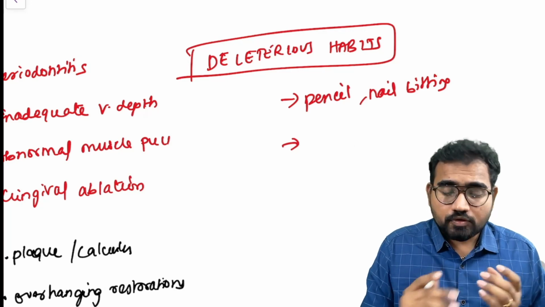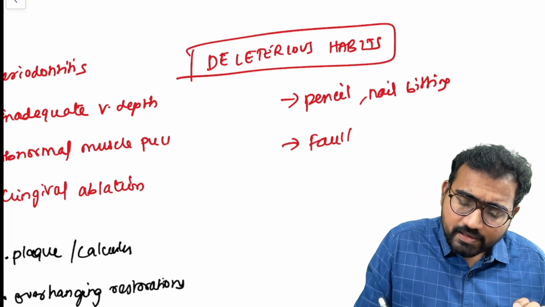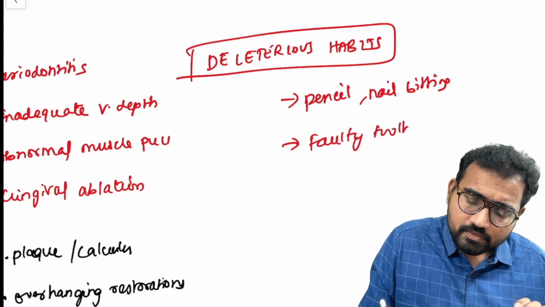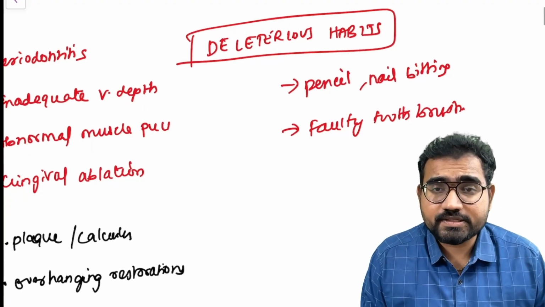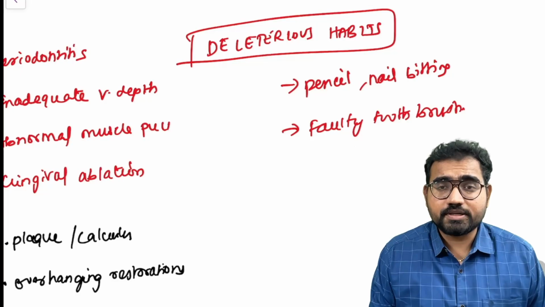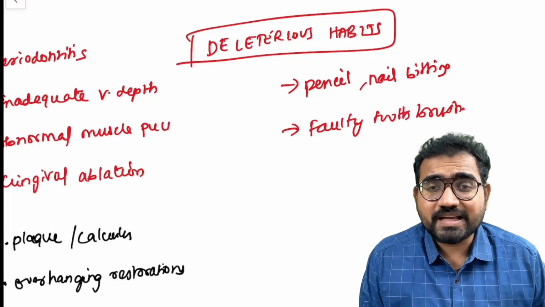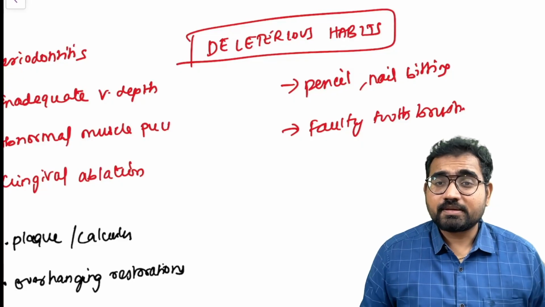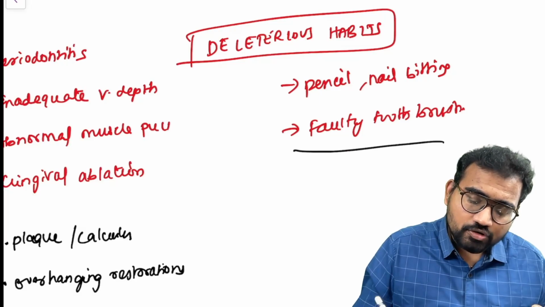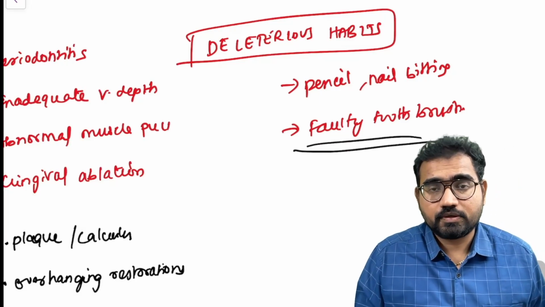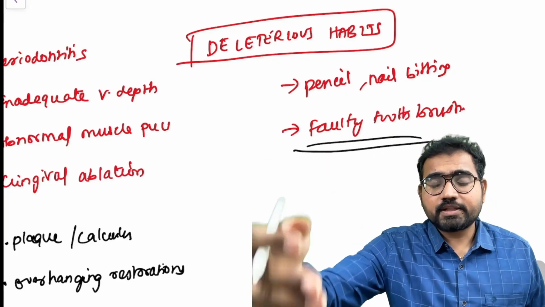Most commonly, when a young patient, say a 20-25 year old, comes to you with isolated gingival recession, 90% of the times it will be because of faulty toothbrushing. So identify the cause and tell them what to do.